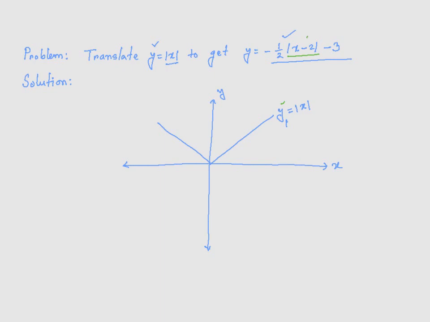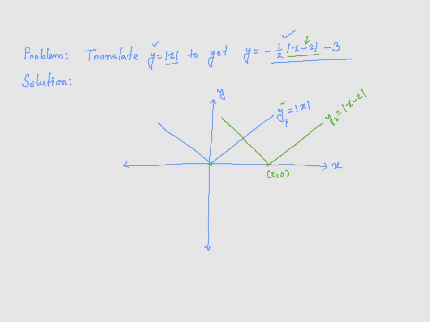Now since I'm subtracting 2, the point at 0, 0 on the original graph is going to move to 2, 0. So now my y2 is going to be absolute value of x minus 2.